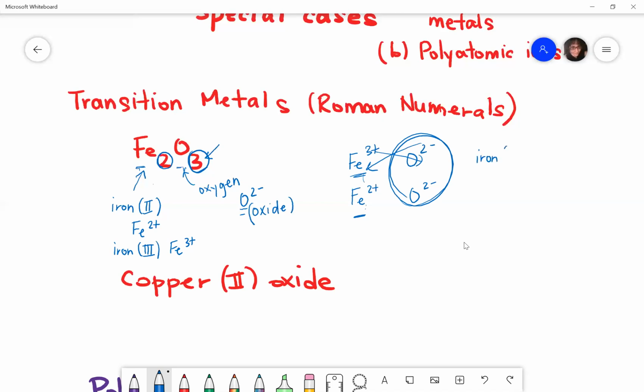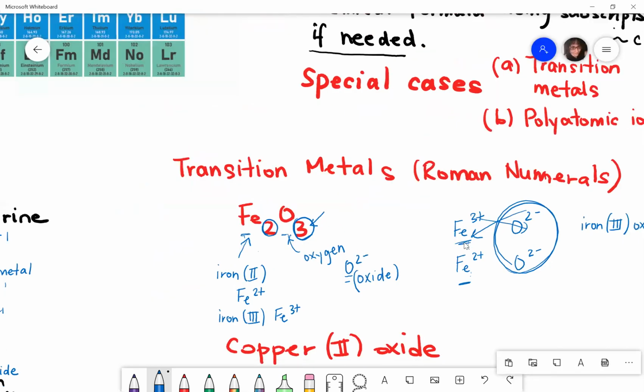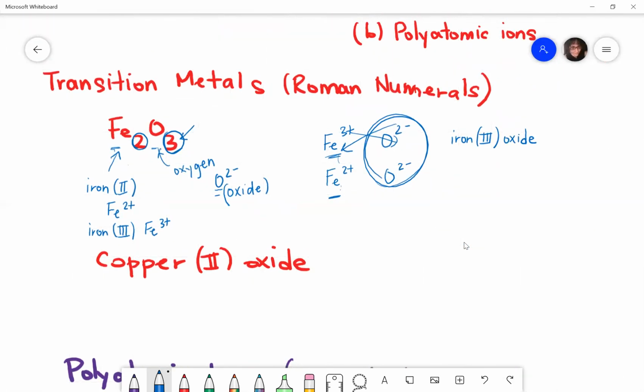So the name of this compound is iron 3 oxide. Or you could always review the video by Tyler and see how to figure out the charges on this molecule.